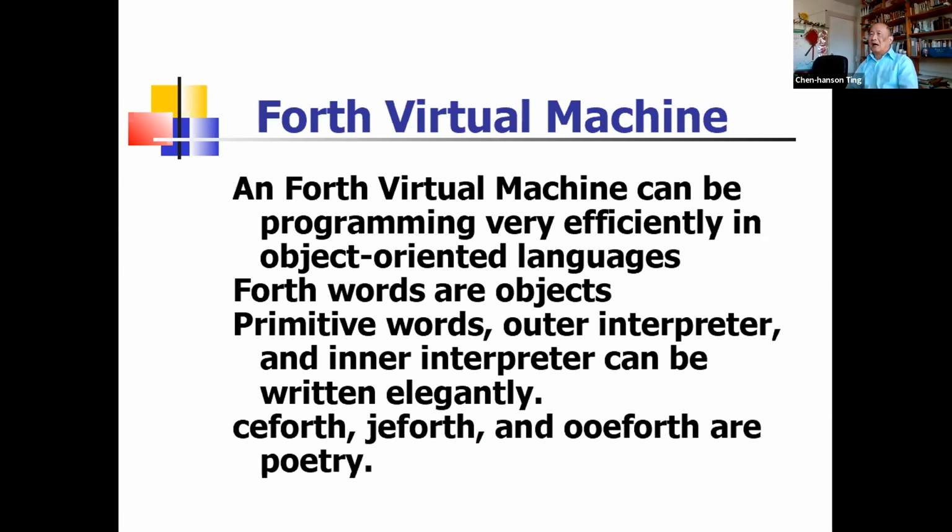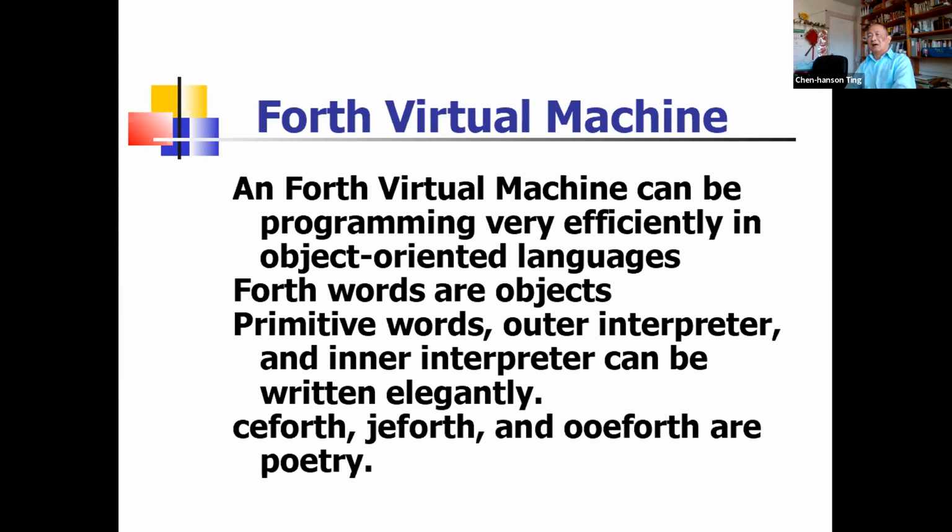And they all take advantage of the object-oriented features to build the lists and all the structures that we need. All forth words are objects. So we have primitive words, we have outer interpreter and inner interpreters, which can all be written very elegantly in JavaScript, in Java, or in C++.